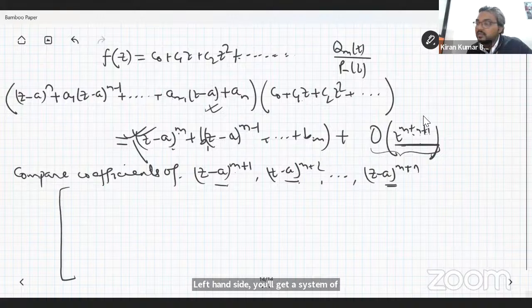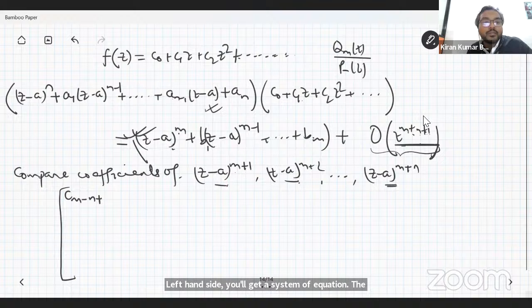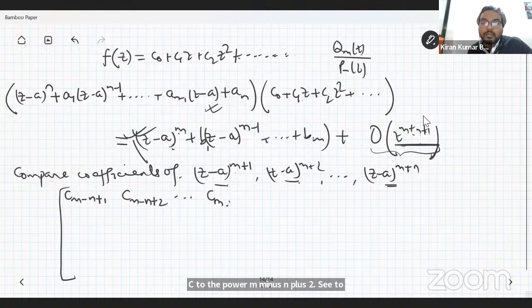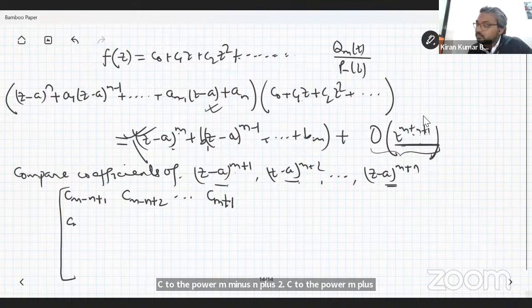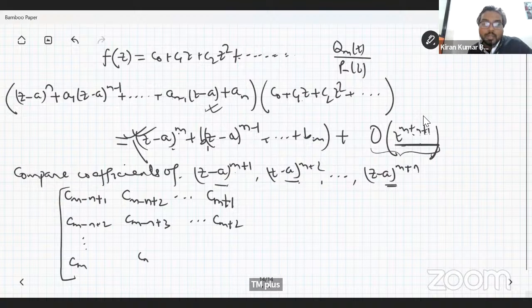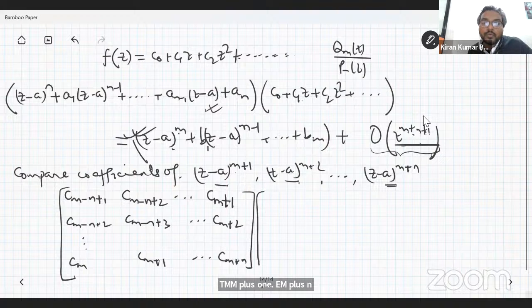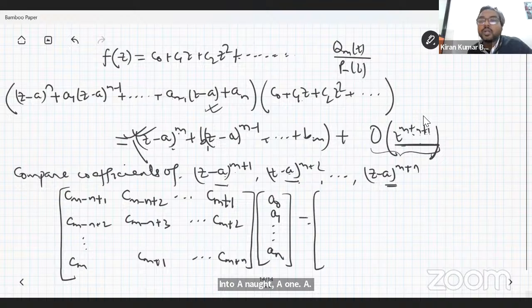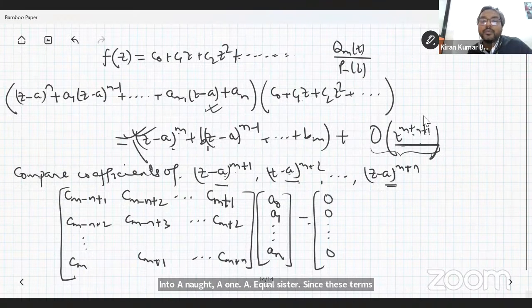The system of equations is this: the matrix with entries c_(m-n+1), c_(m-n+2), ..., c_(m+1), then c_(m-n+3), ..., c_(m+2), ..., c_(m+n), multiplied into a_0, a_1, ..., a_n, equals, since these terms are not on the right hand side, 0, right?